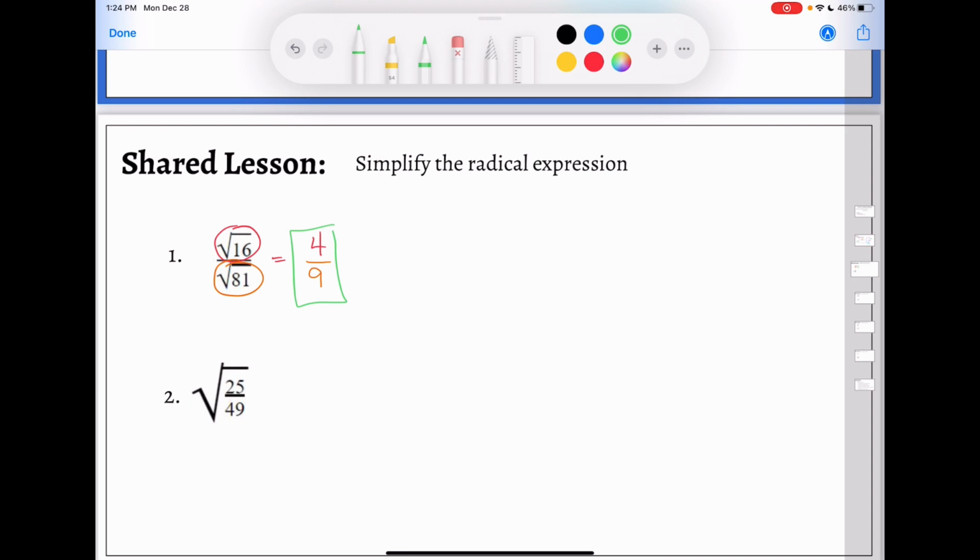Okay, so now let's look at number 2. Here I have a giant square root of 25 over 49. Now, just like with multiplying, I could multiply two things inside the radical, or I could put it all in the radical, right? So this is the same thing as saying the square root of 25 over the square root of 49. So you can have a giant square root sign over a fraction is the same thing as splitting that fraction into two different square roots, top and bottom.